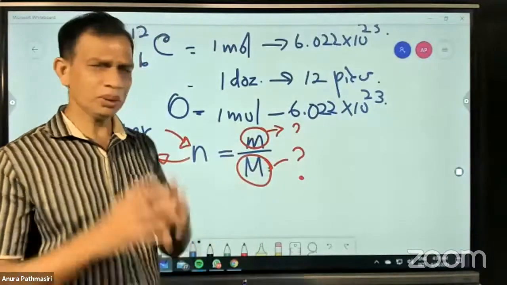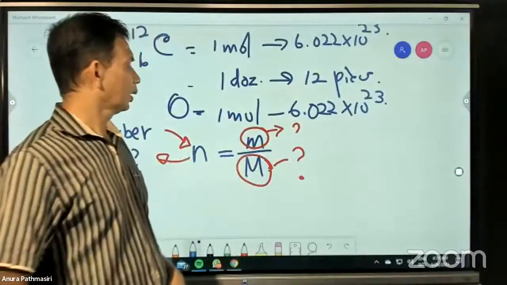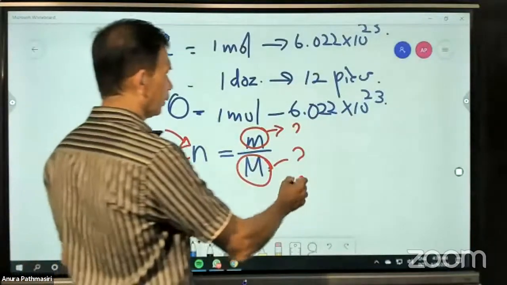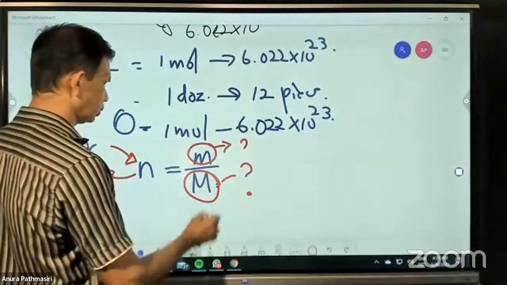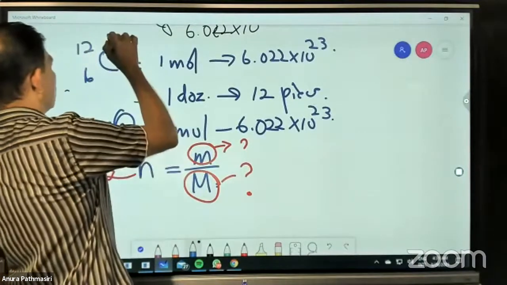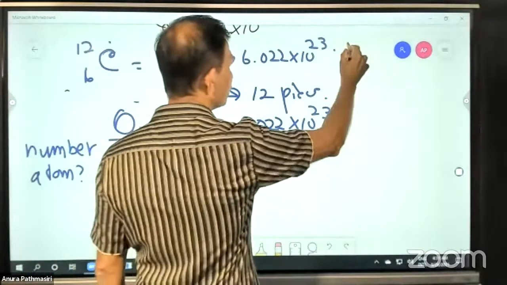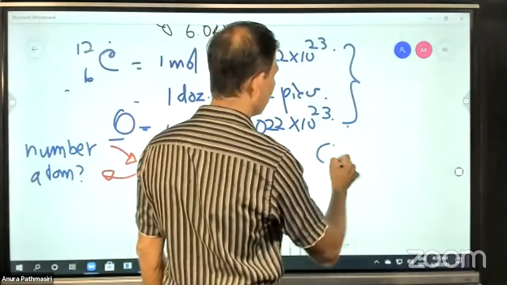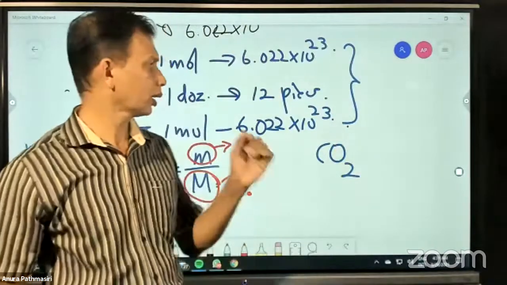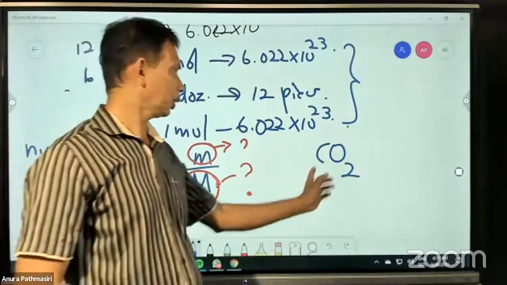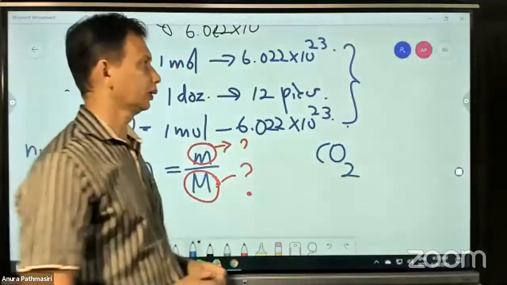Now, we have to go in different directions, right? If I come over here, now I am going to jump. I only talked about carbon, right? Oxygen. What about carbon dioxide? Now it's not an atom, or not only one element. You have carbon and oxygen combined as a molecule.